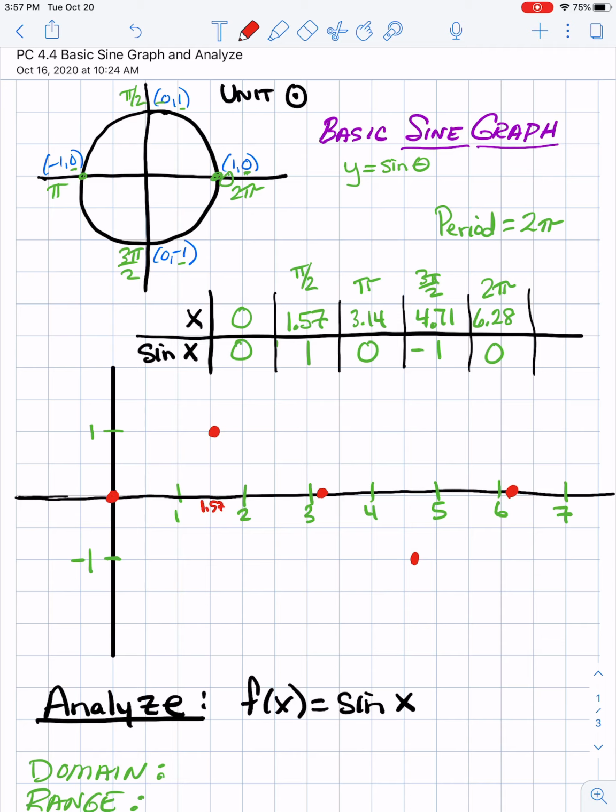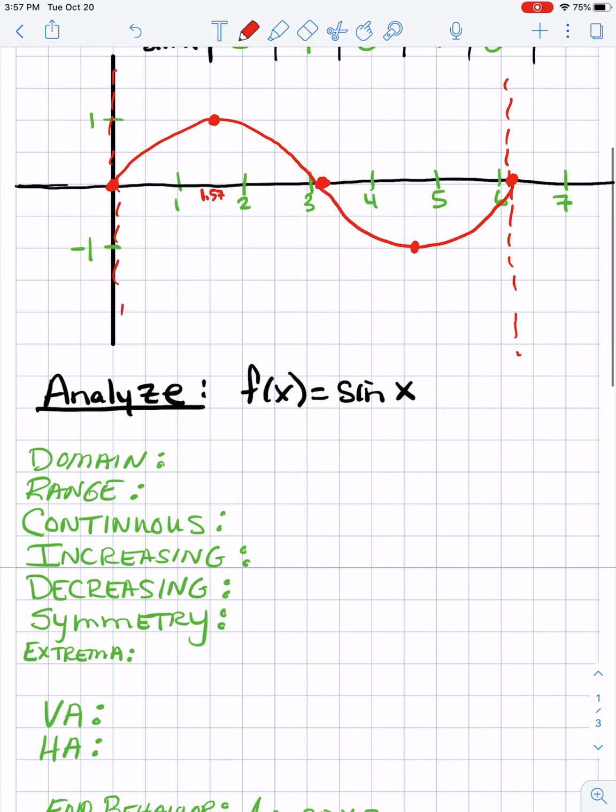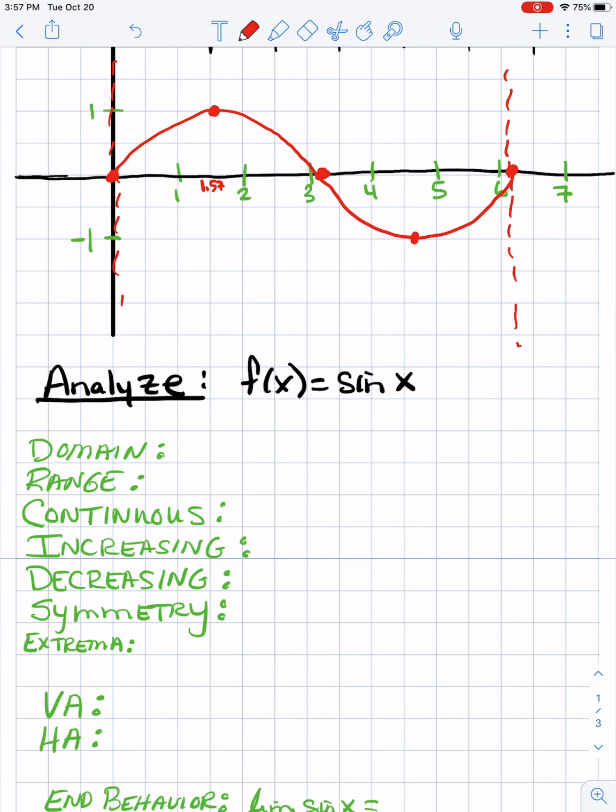And then the sine curve, nice and wavy. All right, so that one cycle of the sine curve, or one period, happens between x is 0 and x is 6.28. Continuing on, let's see if we can analyze our sine curve.